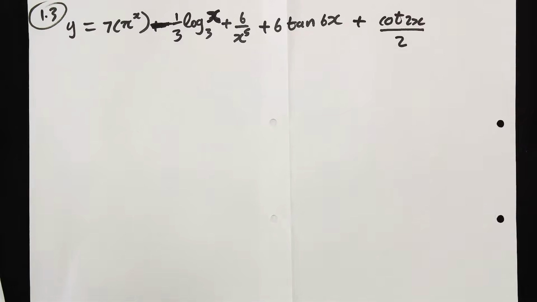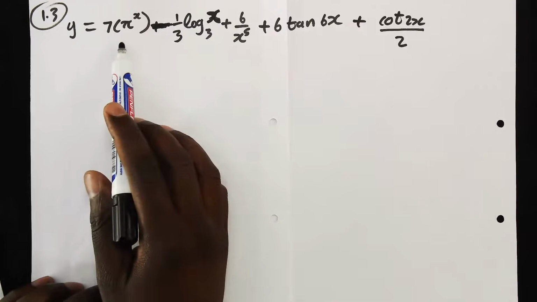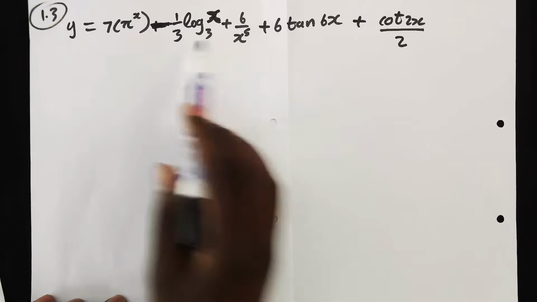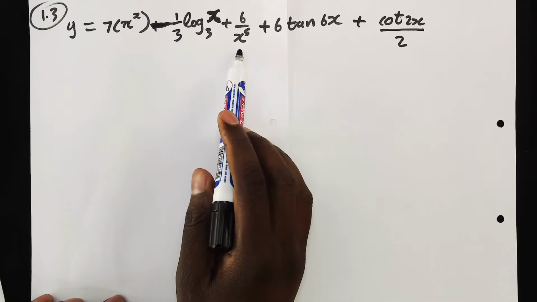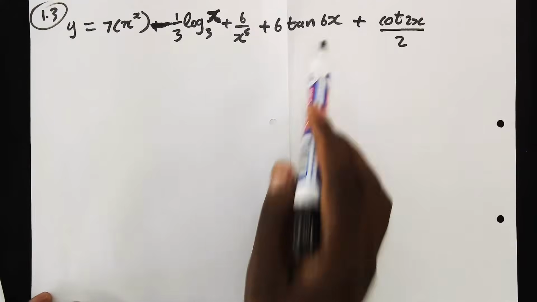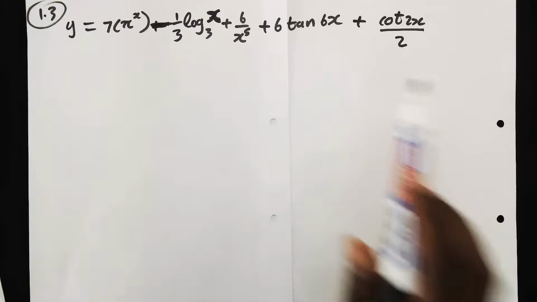First of all, we inspect the functions to see if we can change them in terms of x. The exponential function is fine, the log function is fine. The problem is this one: the x is in the denominator, so we need to express it accordingly. The tan is fine. The cot is fine.